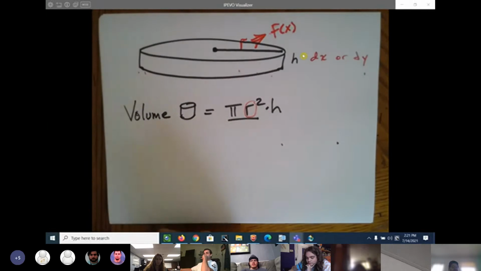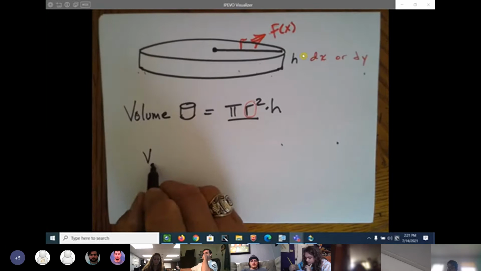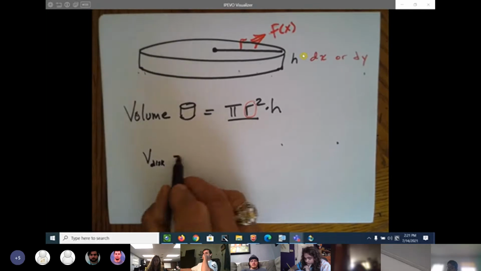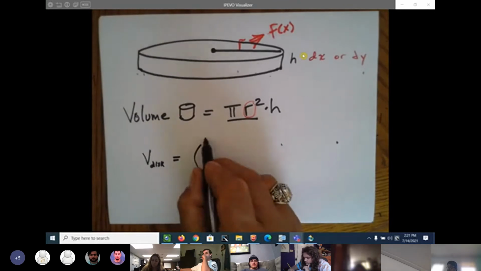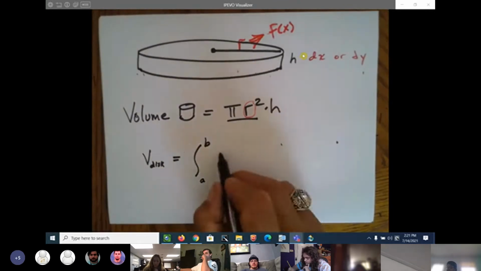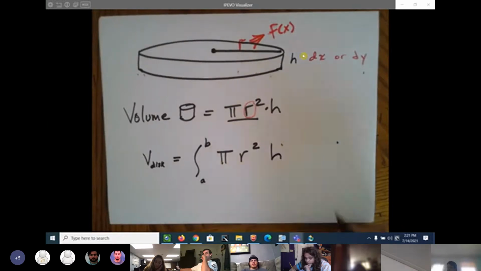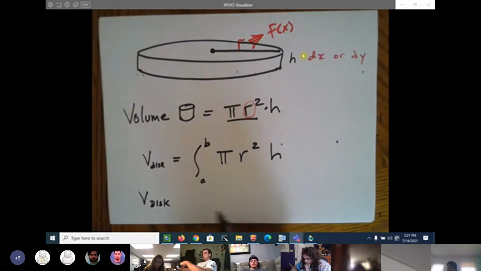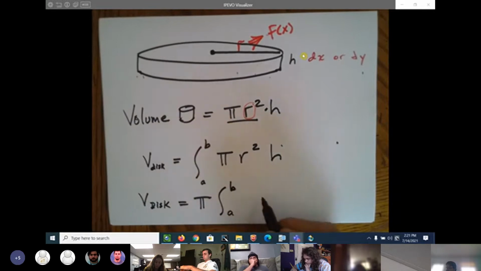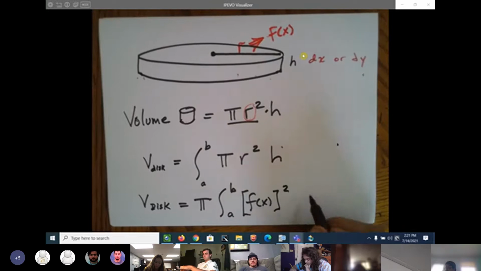Well, that means that the volume of a disk is going to be equal to your parameters, A to B, of pi r squared h, or volume of a disk as far as x terms, pi, A to B, f of x squared dx.